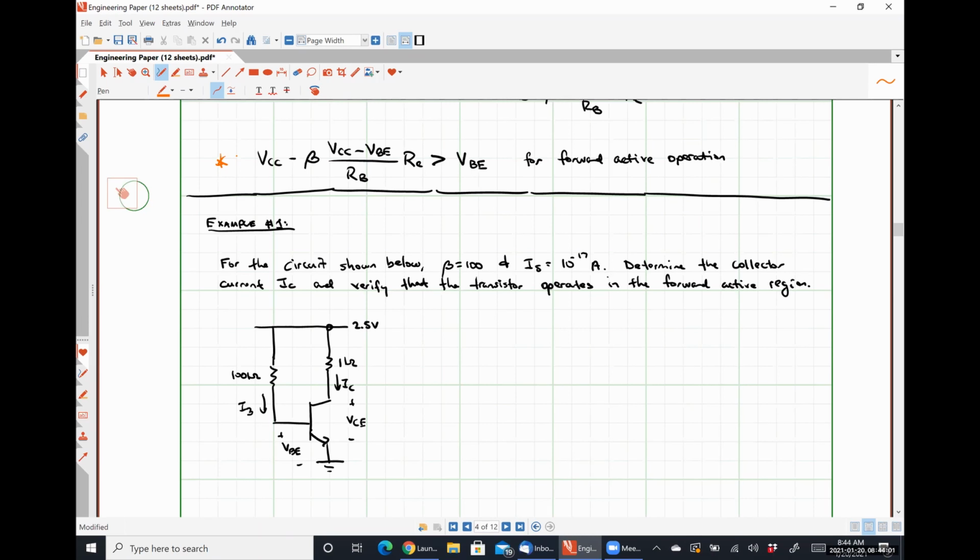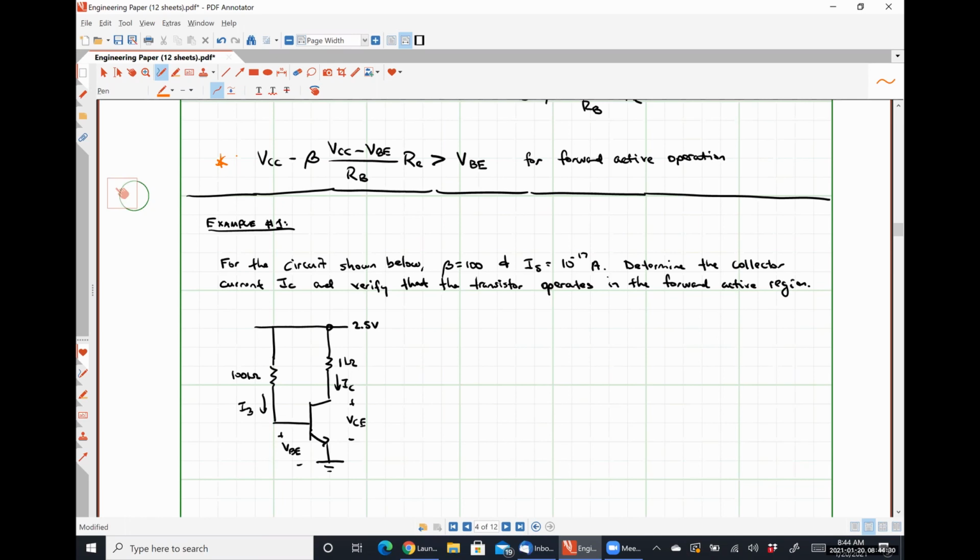If we put an equal sign there instead of greater than, what does this imply? For forward active operation, that means we're on the edge between forward active and saturation. We're saying that VCE greater than or equal to VBE gives us forward active operation.